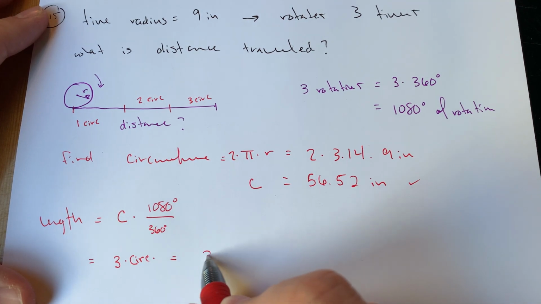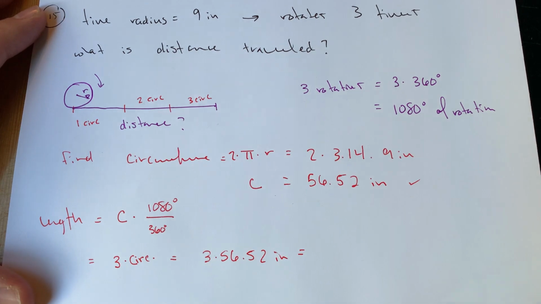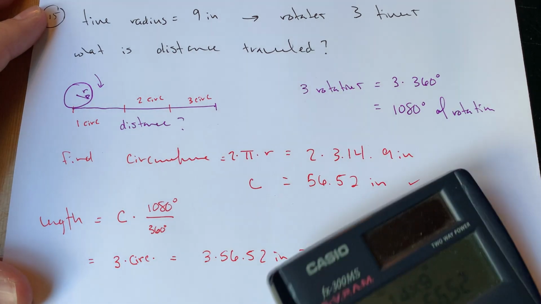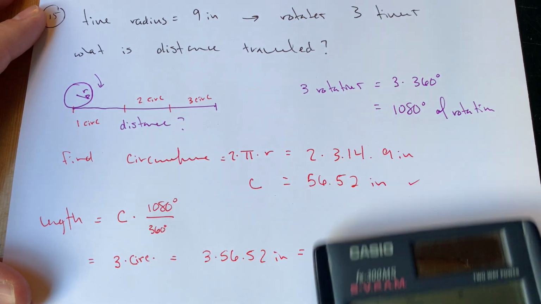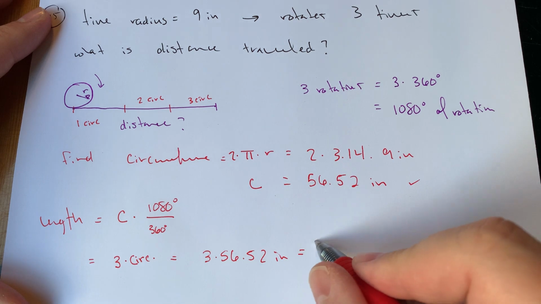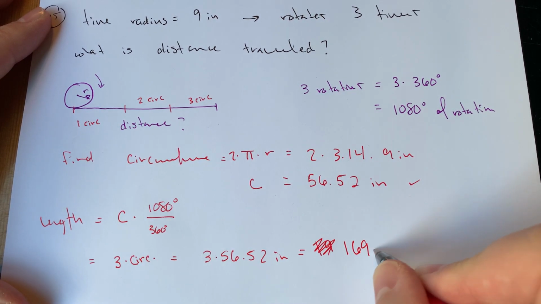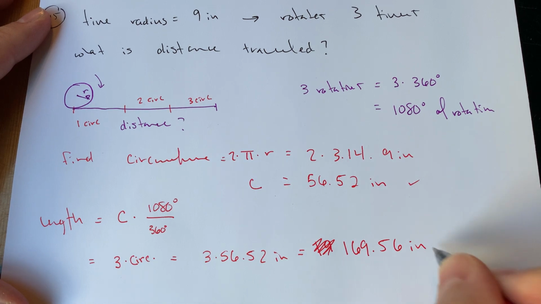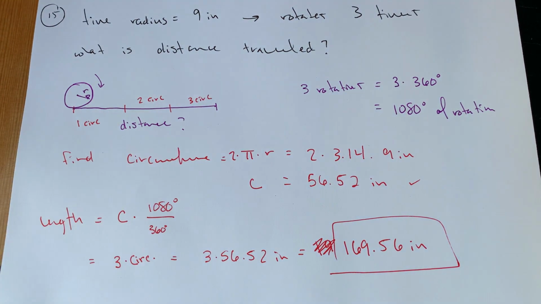Either one of these, right? So 3 times 56.52 inches is 169.56. So my distance traveled would be 169.56 inches.